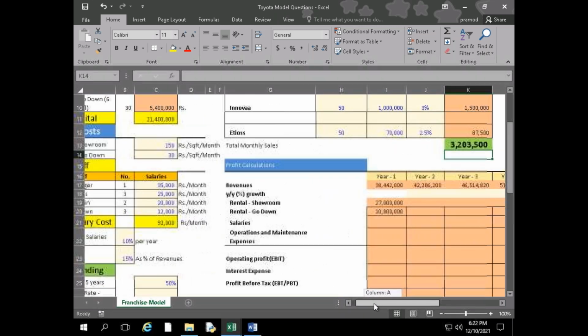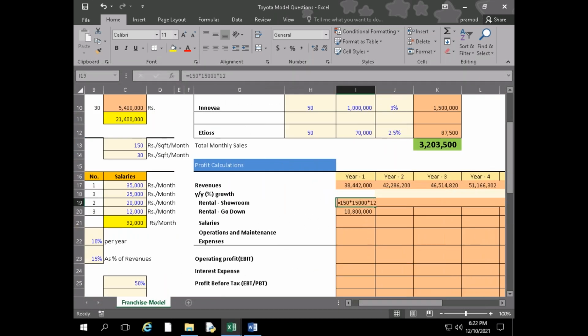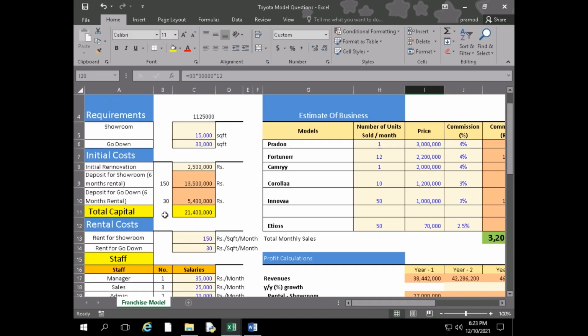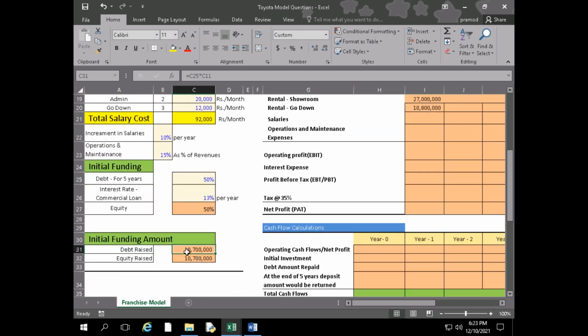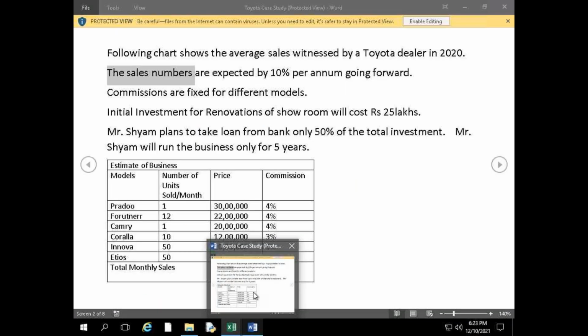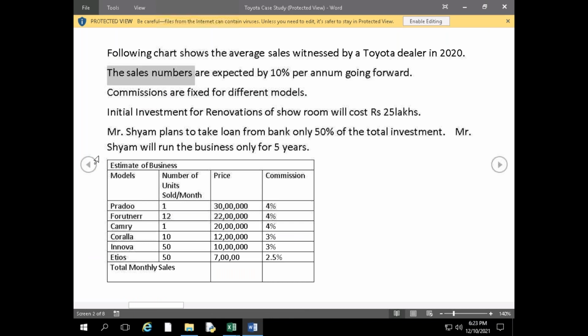Sir, once again explain the initial funding and initial funding amount. Read the question in the second sheet.